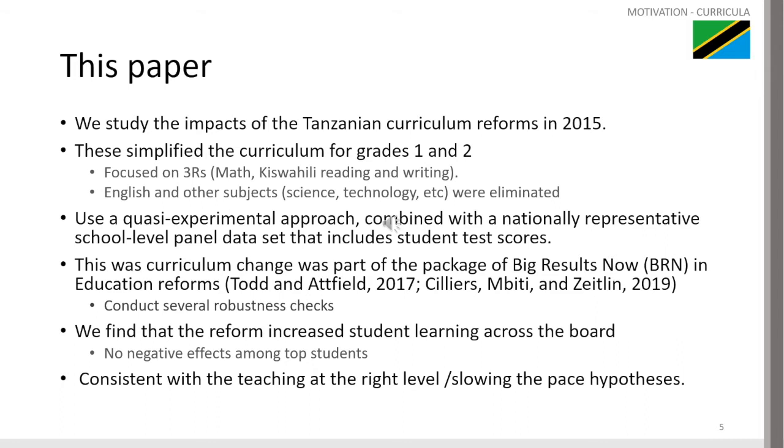What we find is that the reform increased student learning across the board. And we didn't really see any negative effects of slowing the curriculum on top students, which you might be concerned about, that if we slow it then the top students might not benefit as much. And so this is consistent with the proponents of teaching at the right level and slowing down the curriculum.